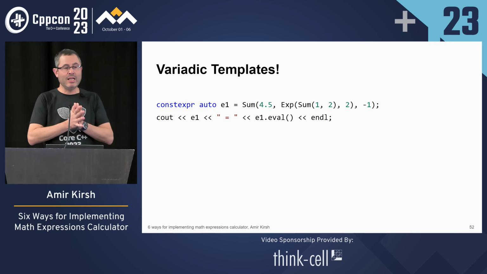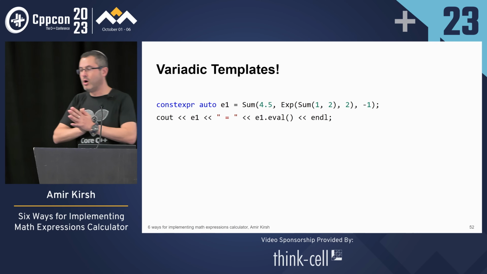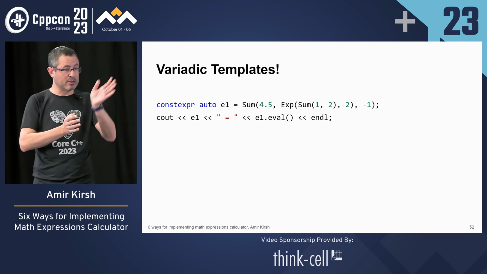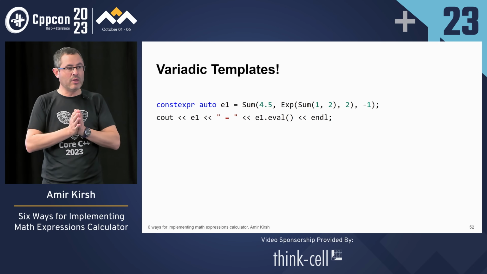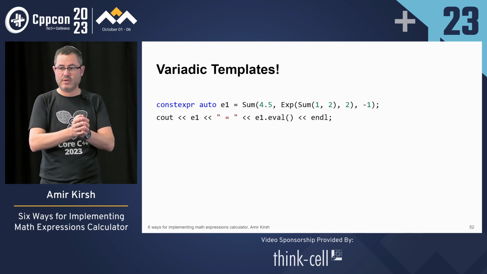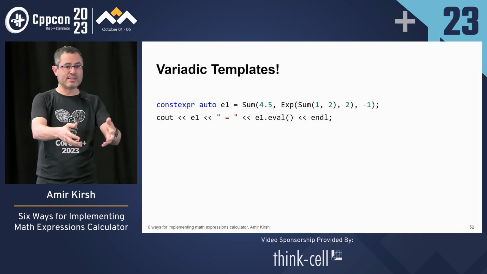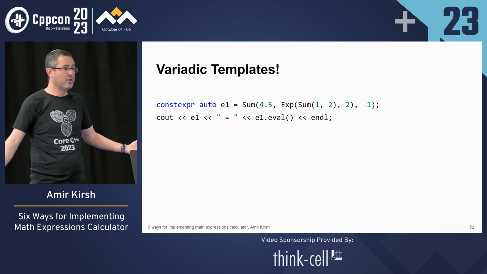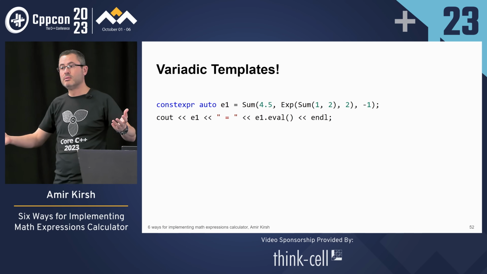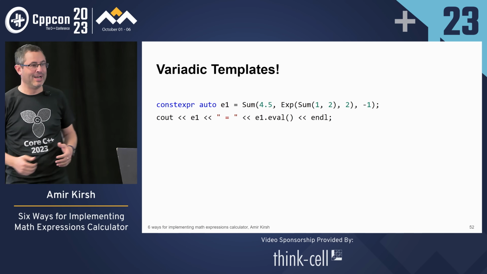Now, the challenge here is, if you remember before, binary expression held 2 expressions, expression 1 and expression 2. And now that sum is going to hold any amount of arguments, any amount of sub-expressions, we have 2 options for that only. Using inside a tuple or a tuple, as you prefer, right?